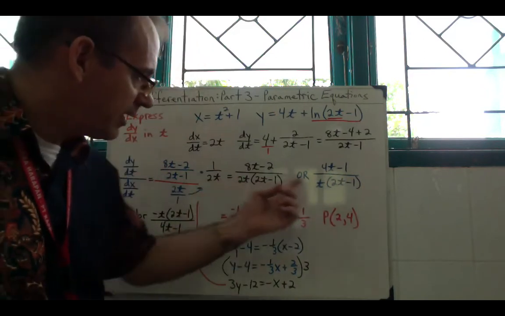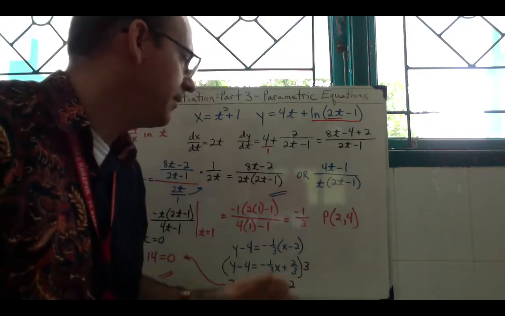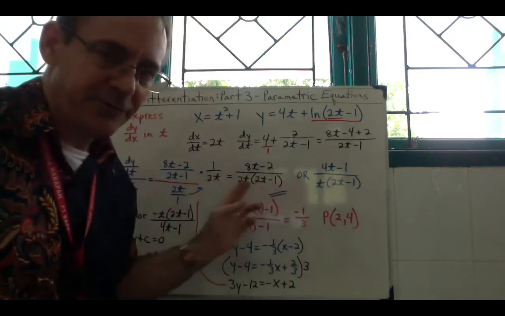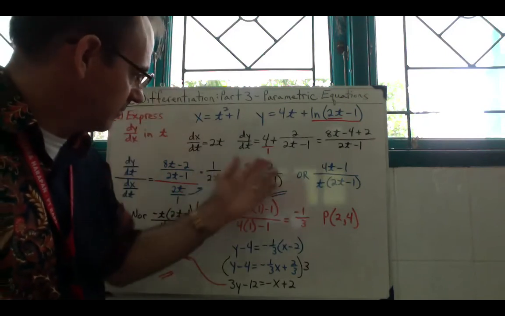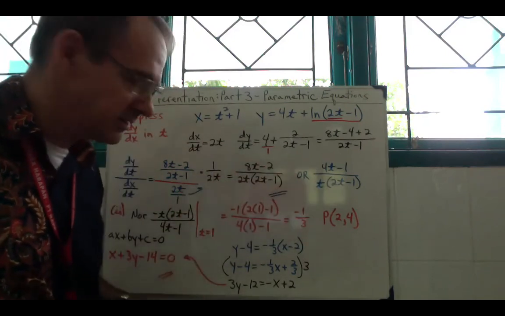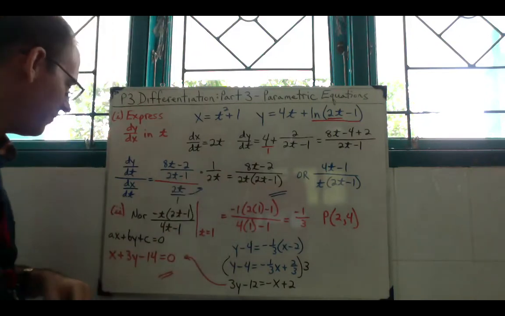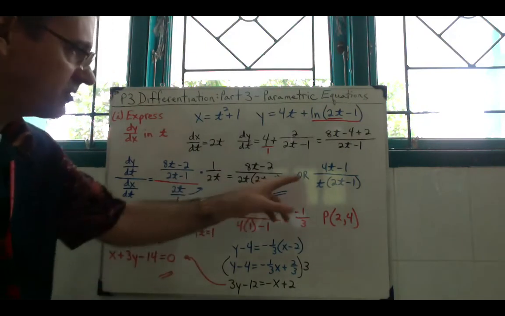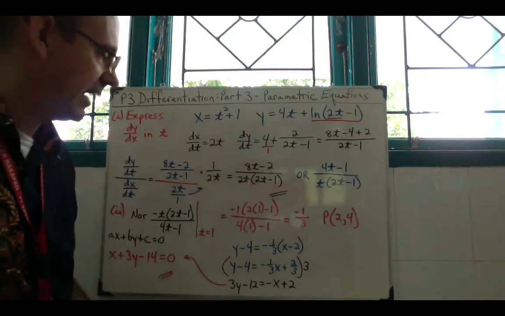You could multiply the t through and have 2t squared minus t. So there's a lot of different variations that you can have here as long as it's the same equivalent fraction. So this is the answer that you want there. And I actually take this one here because it's already got the factor of 2 reduced out.